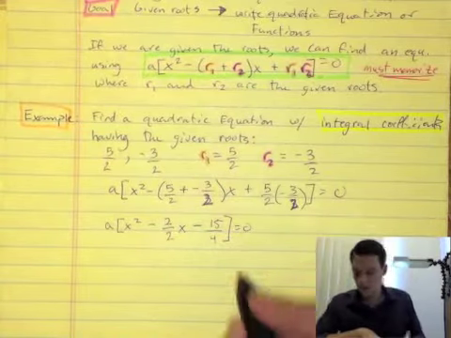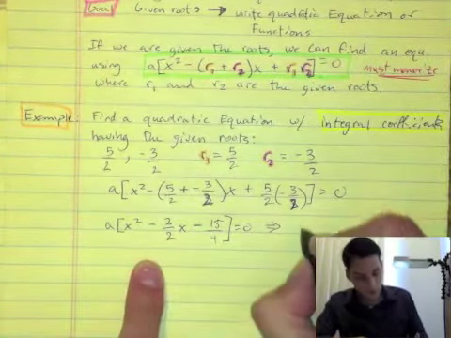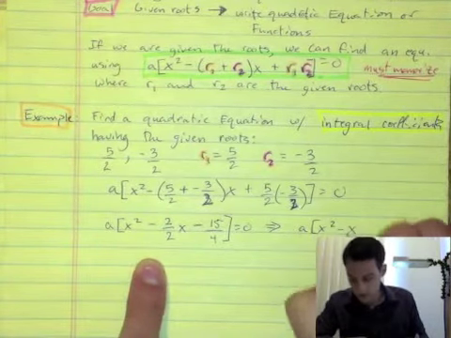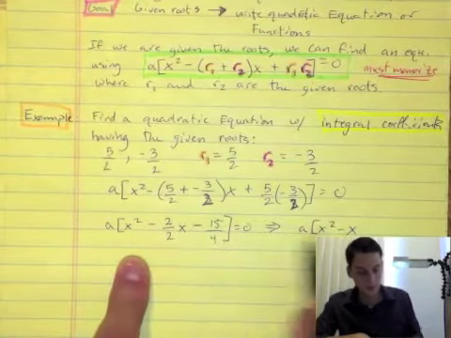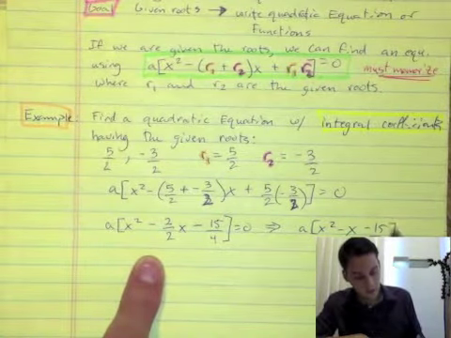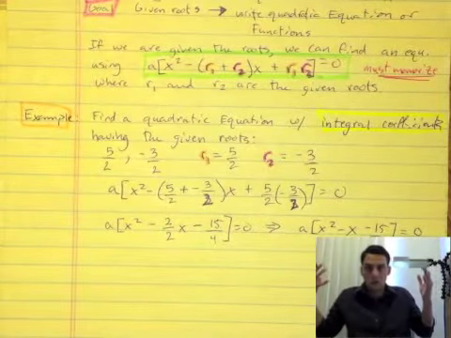This simplifies to a times x squared minus x, since 2 over 2 becomes a 1, minus 15 over 4 equals 0.